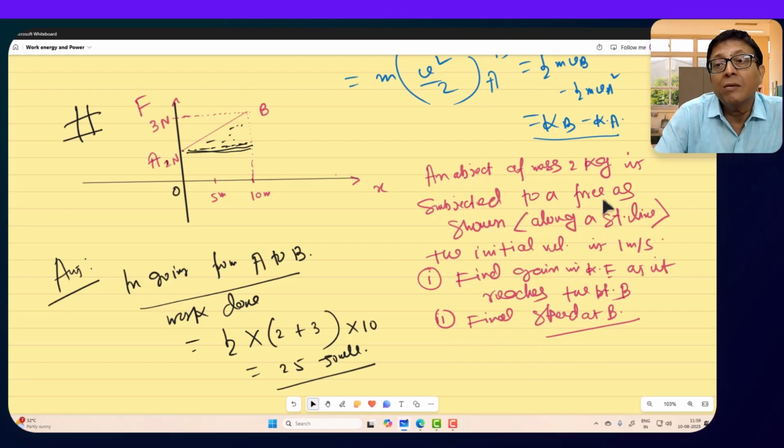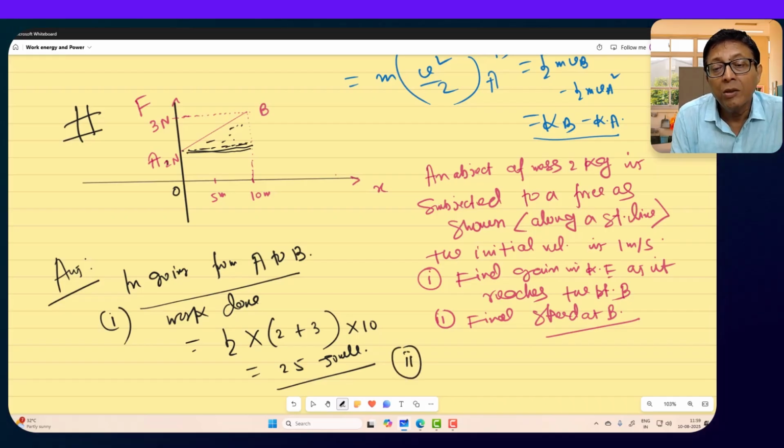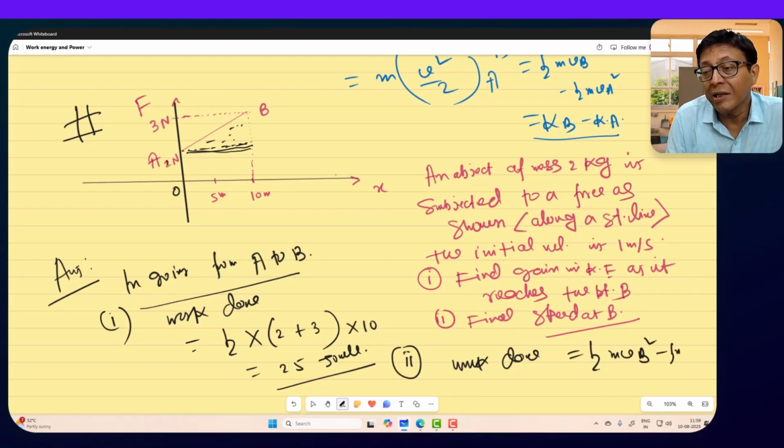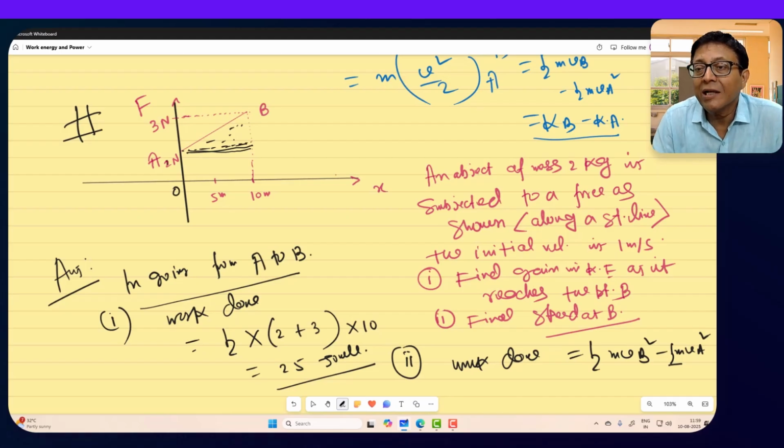Now the mass of the particle is given, you have to find the velocity at B. First part is done here. For the second part, what to do? Now work done equal to half m Vb square minus half m Va square. Velocity at A is given as 1 meter per second.